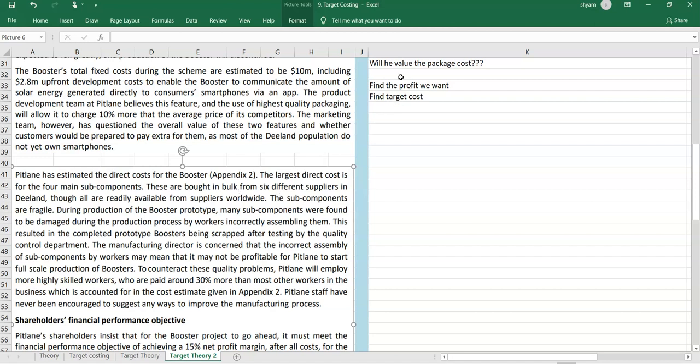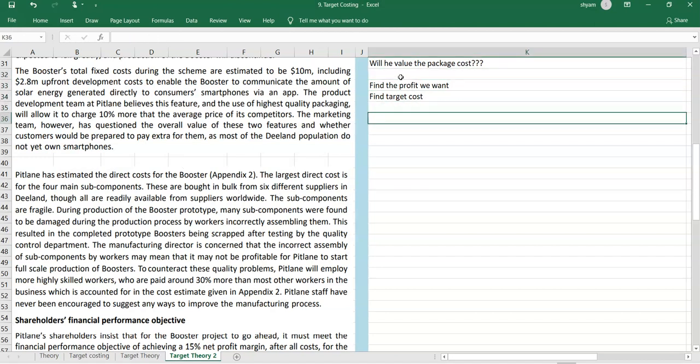So why can't we buy in bulk from a single supplier and reduce the cost? Is it possible? Because we are buying from 6 suppliers, there is a high coordination cost, delivery cost, ordering cost.